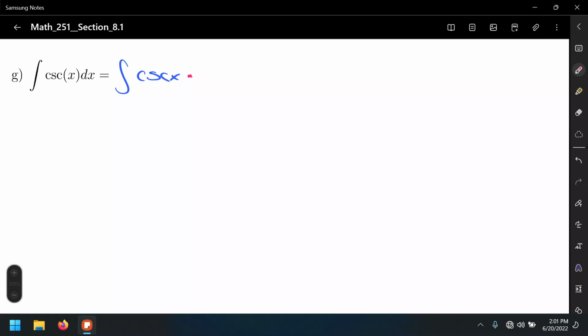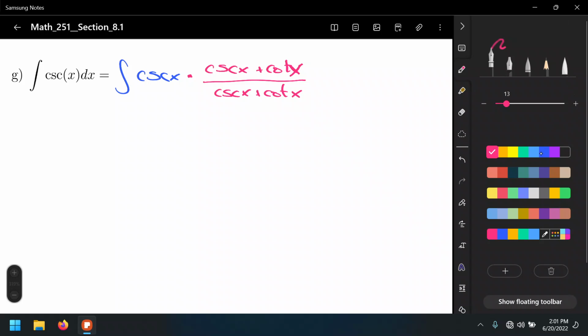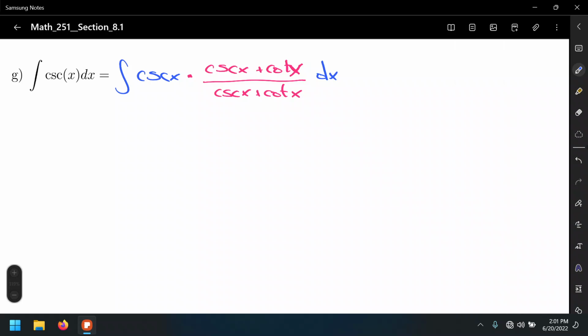This one just works. So I'm going to multiply numerator by cosecant x plus cotangent x and divide by itself, with respect to x. The reason why we do that is, well, it just works.